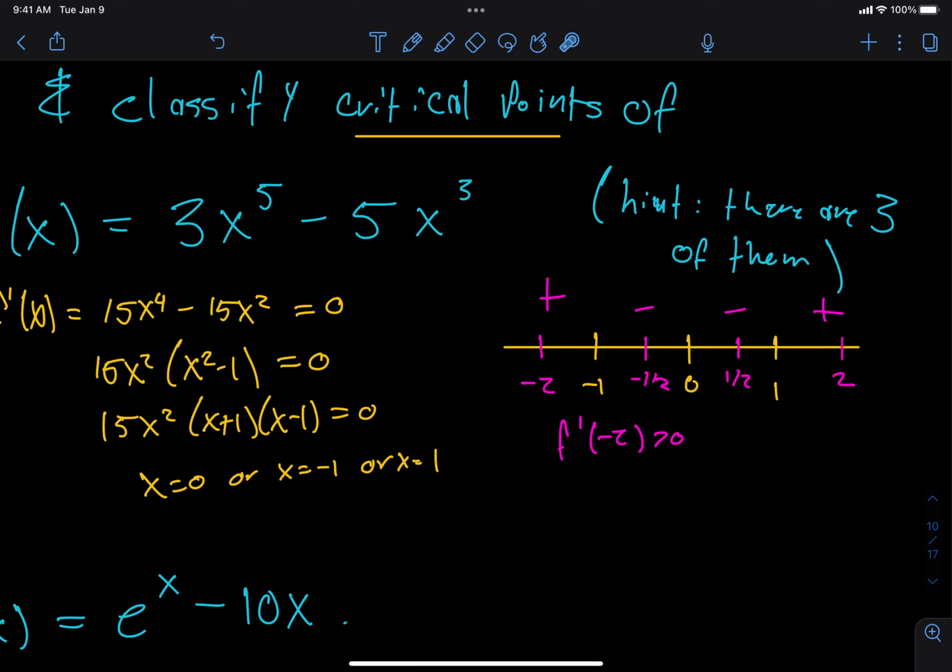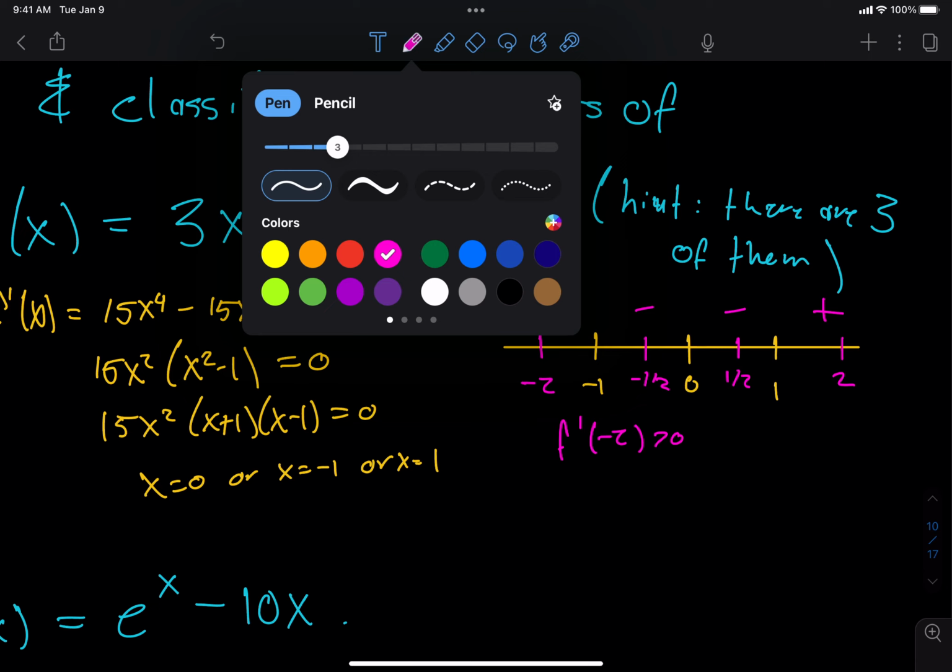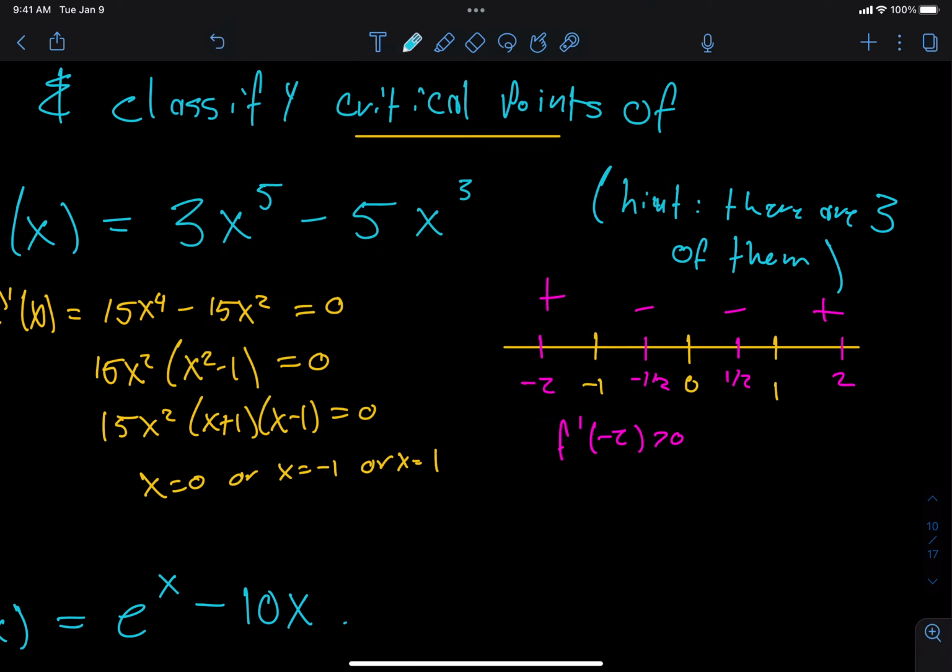So what does that tell us? It tells us about our actual function, so maybe I'll do the actual function with a different color so that I don't get confused. So f prime is positive, f prime is negative, f prime is negative, f prime is positive. What does that mean for f? That means f is increasing and then decreasing and then decreasing and then increasing.